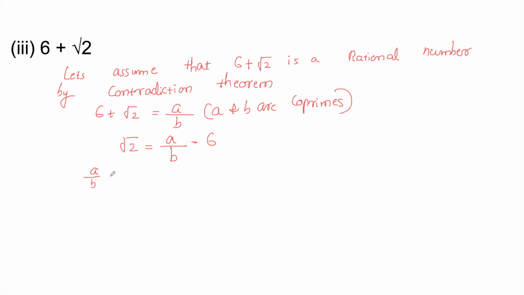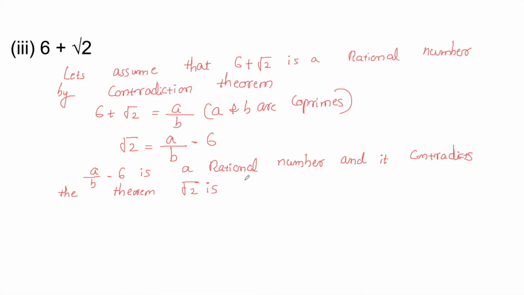A by b minus 6 is a rational number and it contradicts the theorem root 2 is irrational.